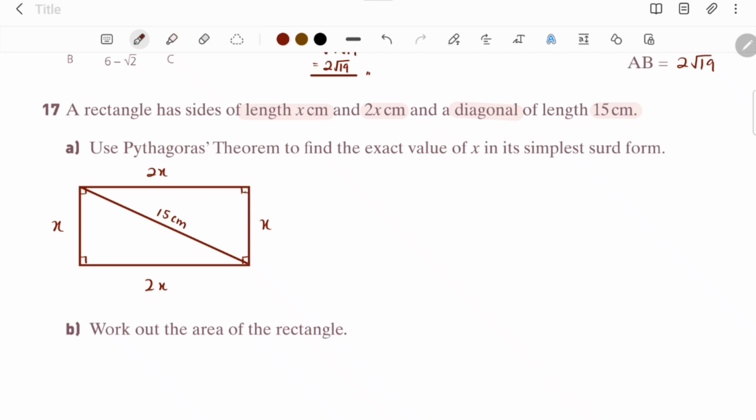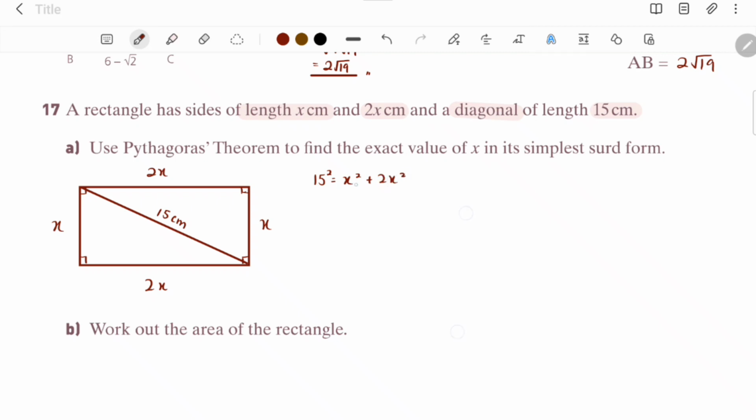So this one we still use back the Pythagoras theorem. So this one 15 cm is the hypotenuse, the longest side of the right angle triangle. So 15 squared equals x squared plus (2x) squared.